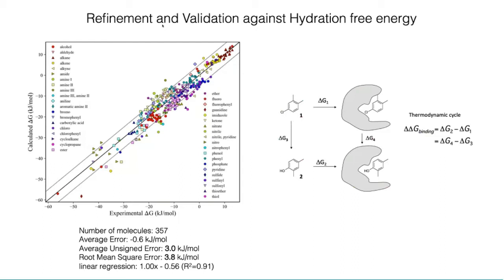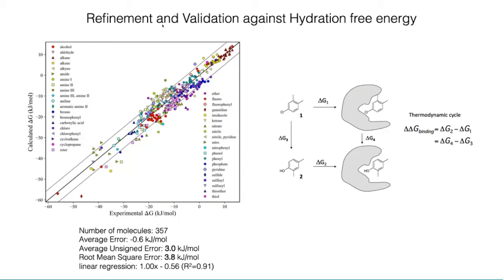Now the reason I'm highlighting the hydration free energy is that when we look at the right, when we do free energy calculations in computational work, what you are doing is calculating the binding free energy between the two molecules in proteins and two molecules in water. Now here we know the proteins and the small molecule force fields have been developed with a similar strategy and they are compatible, so the accuracy of getting that number is much higher.